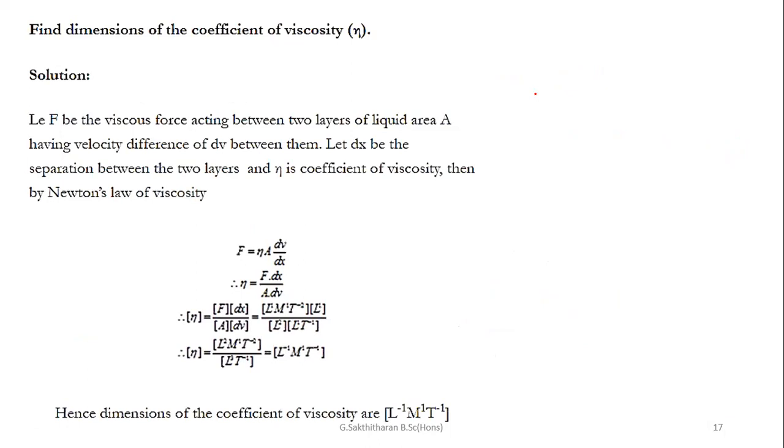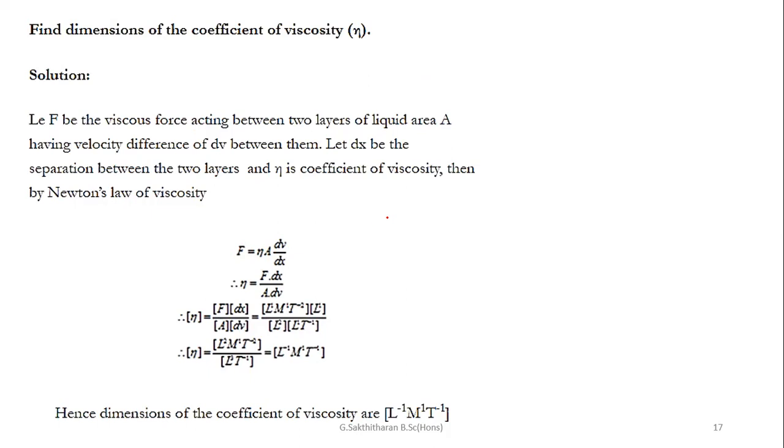Another one is find the dimensions of the coefficient of viscosity. So here F is the force, A is the area, and dV over dx is the velocity gradient, right?